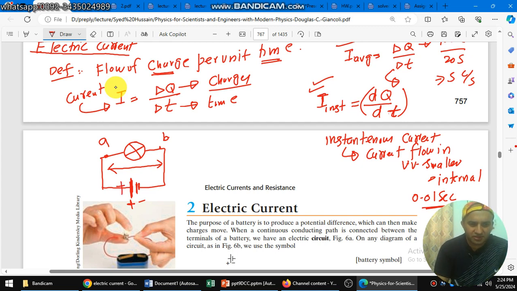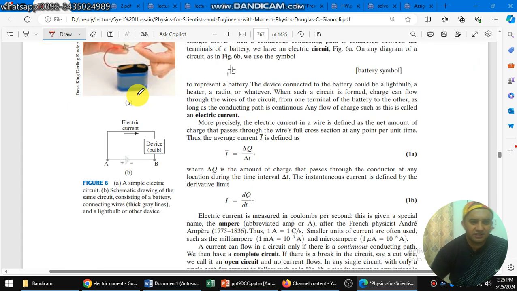The positive charges move from the positive terminal towards the negative. So the direction of conventional current is from the positive terminal towards the negative terminal.